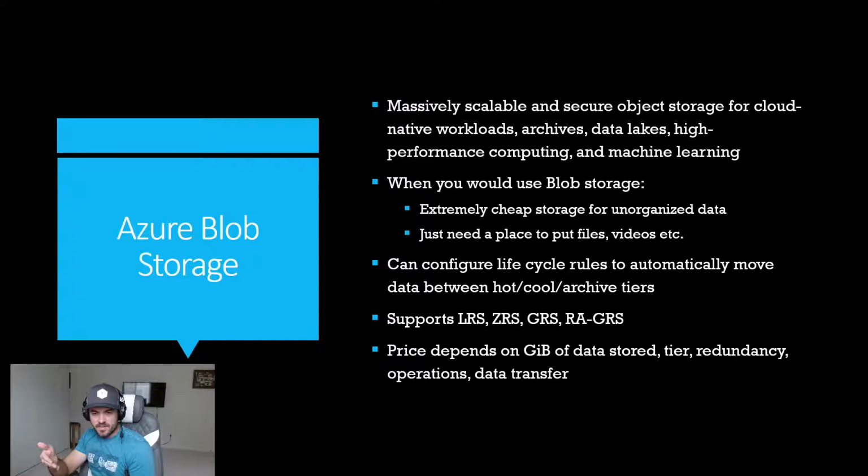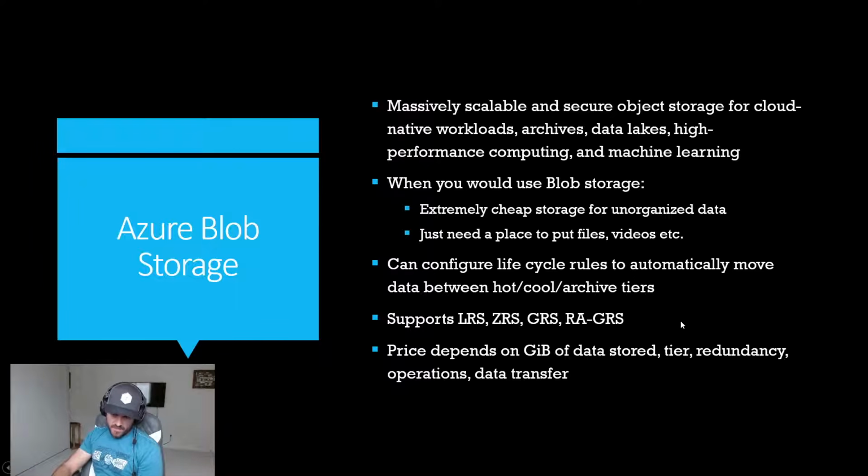You can configure lifecycle rules to automatically move your data between the hot, cool, and the archive tiers. It does support these 4 different redundancy options that we just sort of talked about earlier. And of course, the price depends on the amount of gigabytes that you are storing, what tier, right?